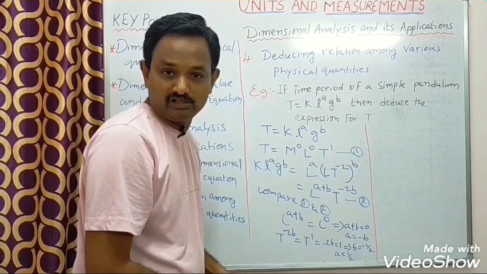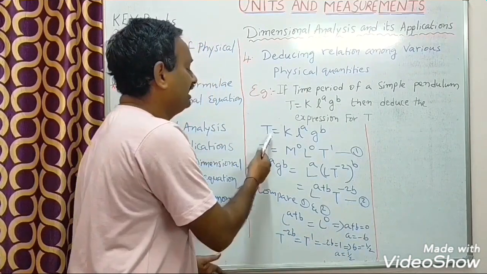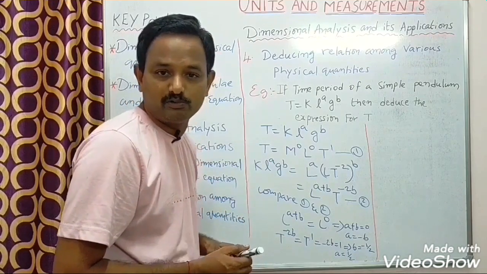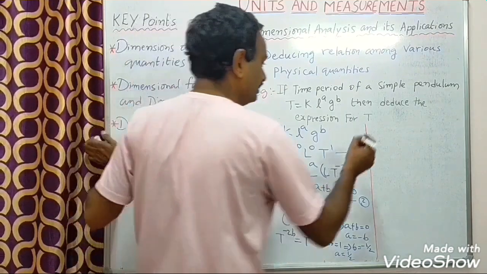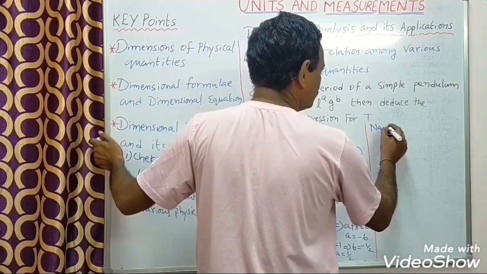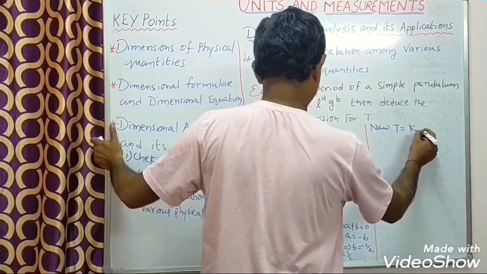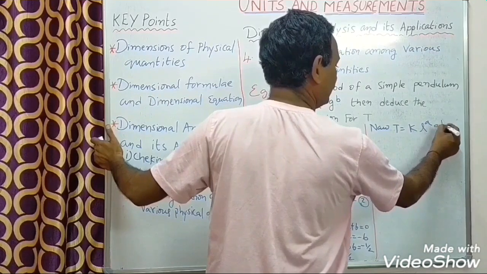Now I will substitute these values in the given equation T equal to K into L power a, g power b. Look at here. T equal to K into L power a, g power b.